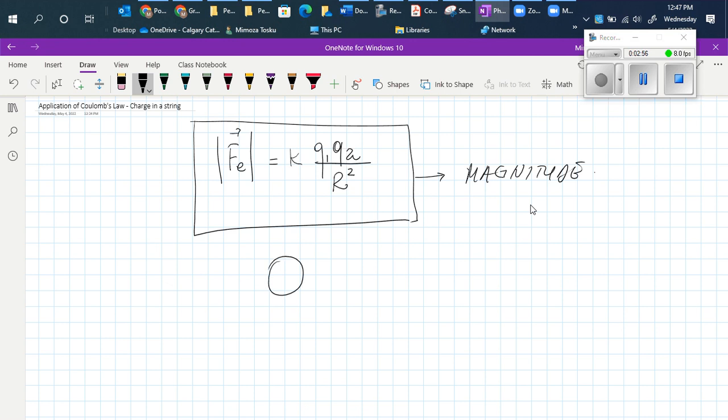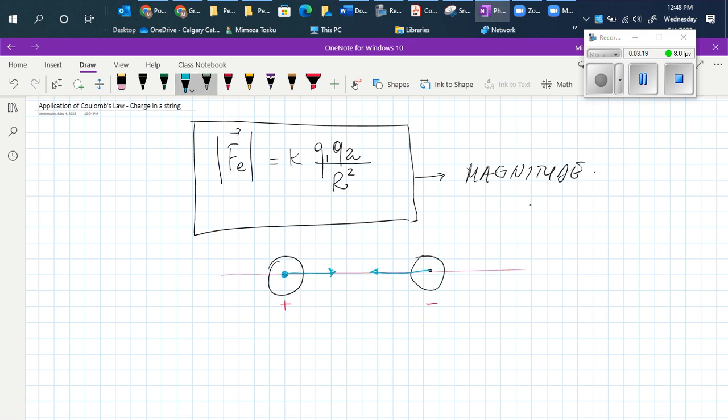So if you have charge 1 here and charge 2, then that imaginary line goes through the center of the two charges. If those two are opposite charges, so positive and negative, then the force is attraction, so it will be a force that goes like this.